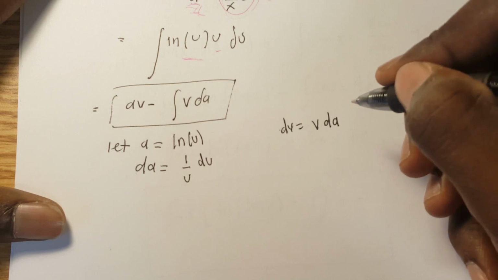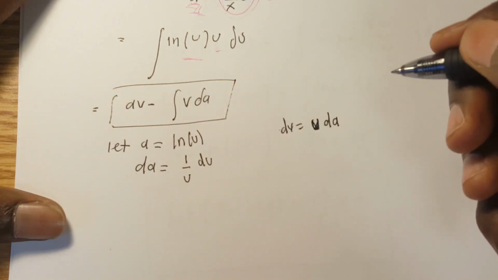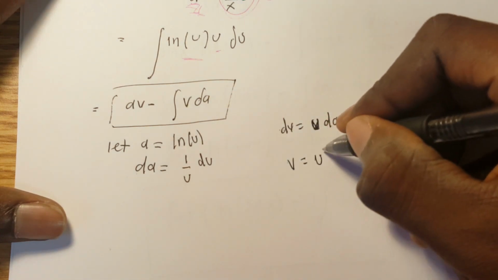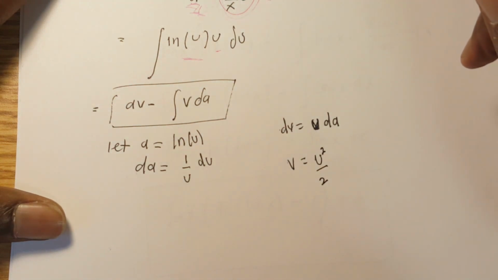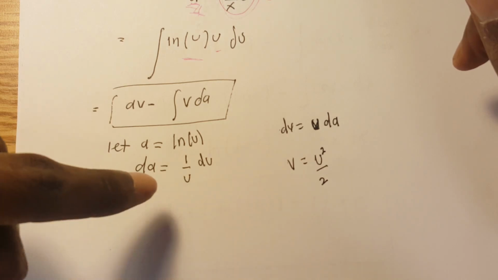u du. Sorry, my bad. Therefore, my v will be equal to u squared divided by 2. Then I'll multiply my a by my v.